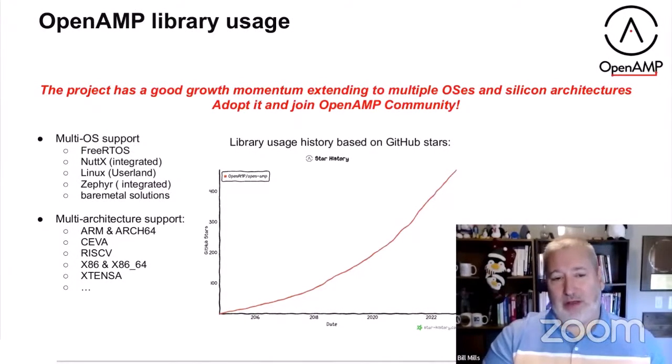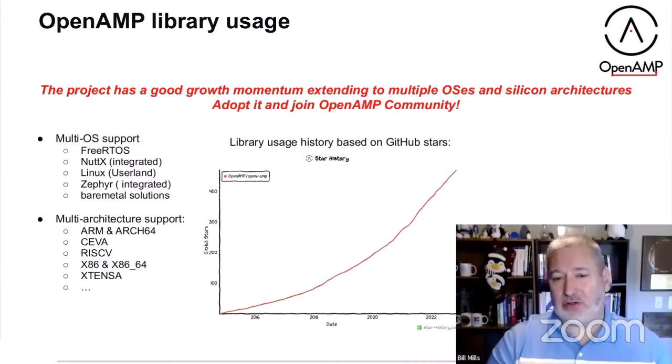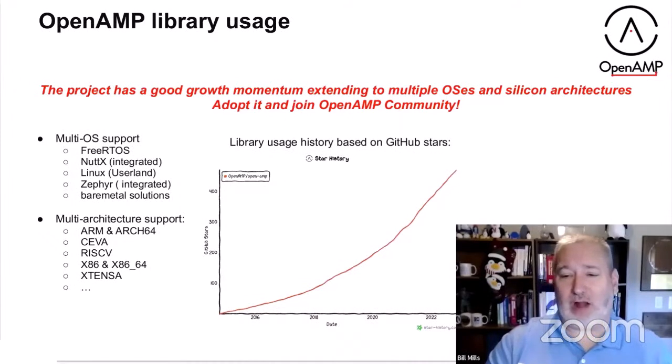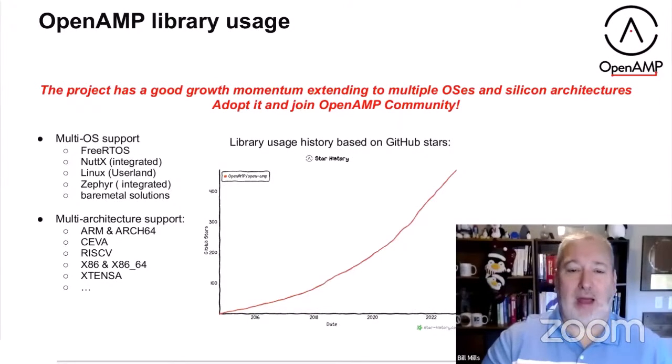So once again, the libraries are portable to multiple OS situations and multiple architectures. So this technology is ready for you as a user or you as a platform provider. So start using it or start putting your application, your community, your platform in here as well.